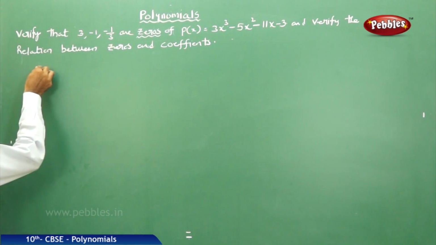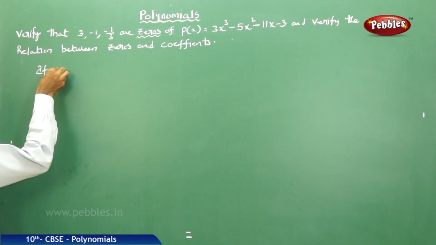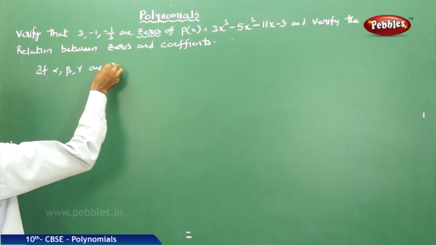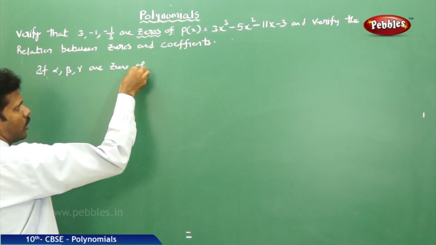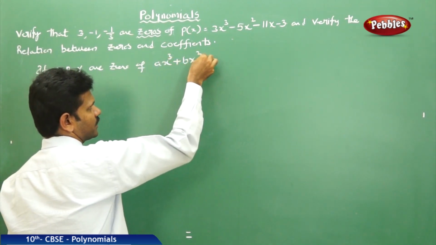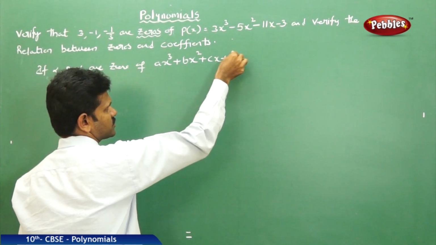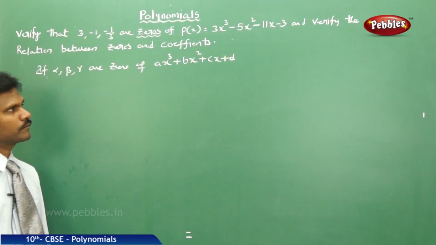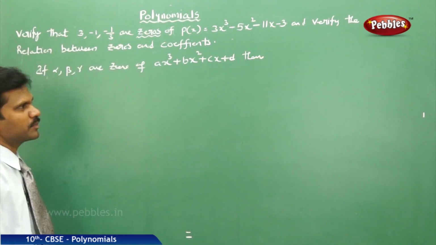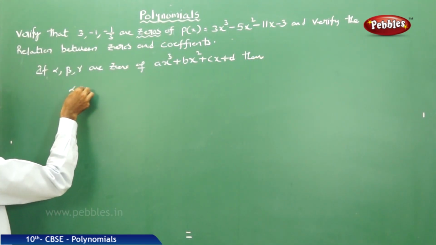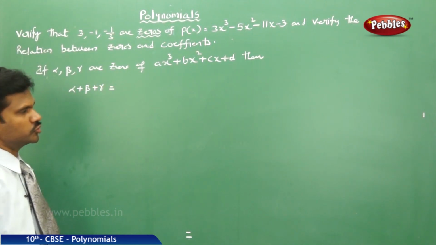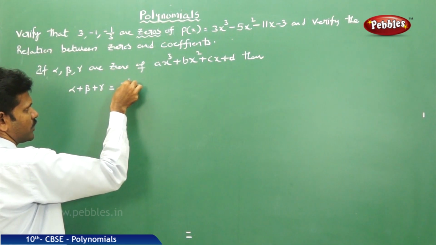Let us see. If alpha comma beta comma gamma are zeros of ax cube plus bx square plus cx plus d, then you observe three important conditions here. The condition number 1, alpha plus beta plus gamma, that is sum of the zeros, is equal to minus b by a.